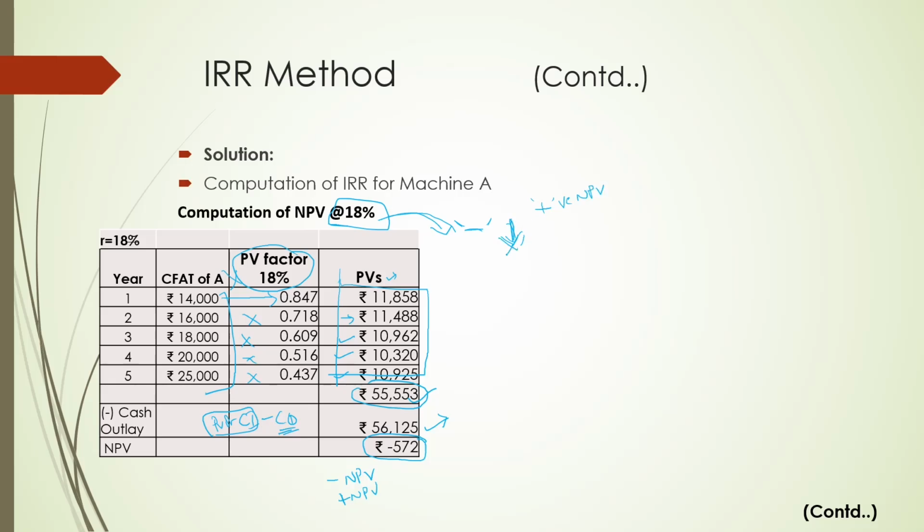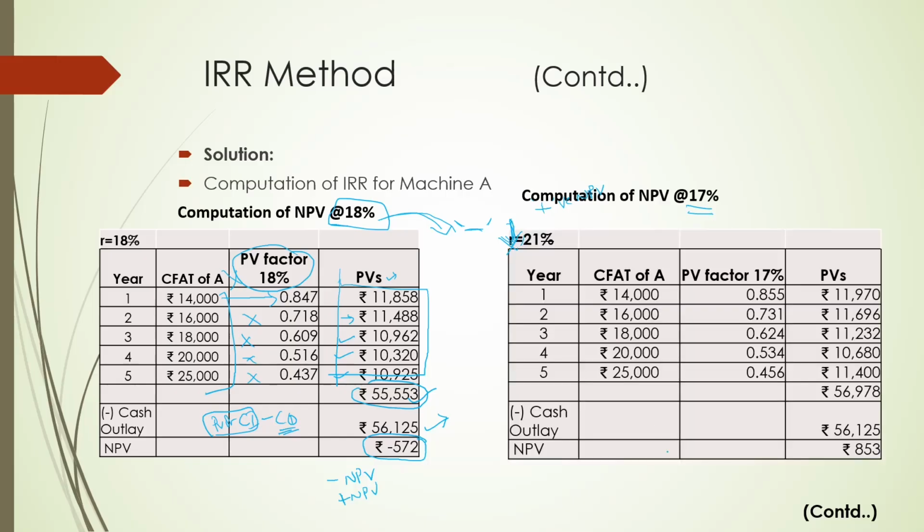Remember, the highest value will give you a negative value, the lowest value will give you a positive value. Now, we are decreasing to 17%. Let us check the NPV. What is your NPV? 853. Luckily, by reducing just 1%, we are able to get it.